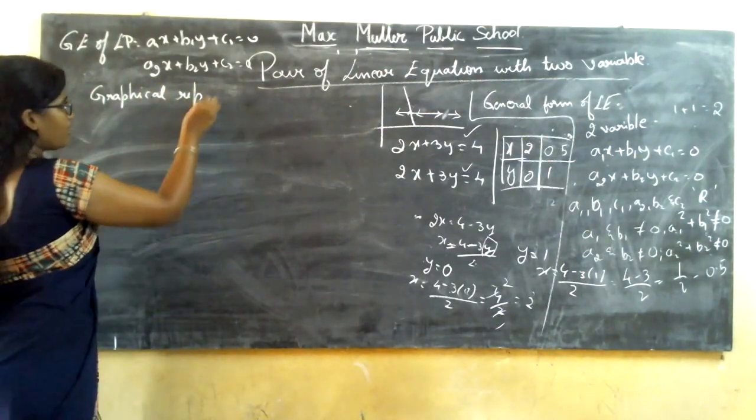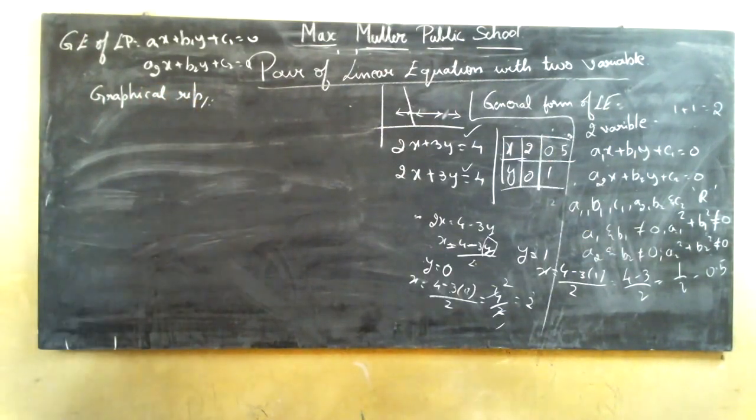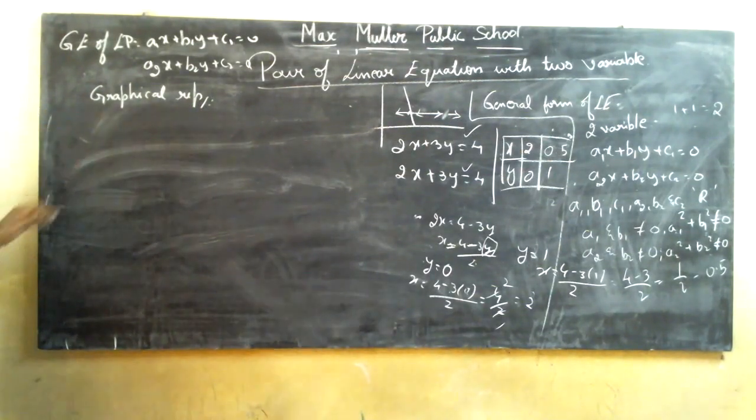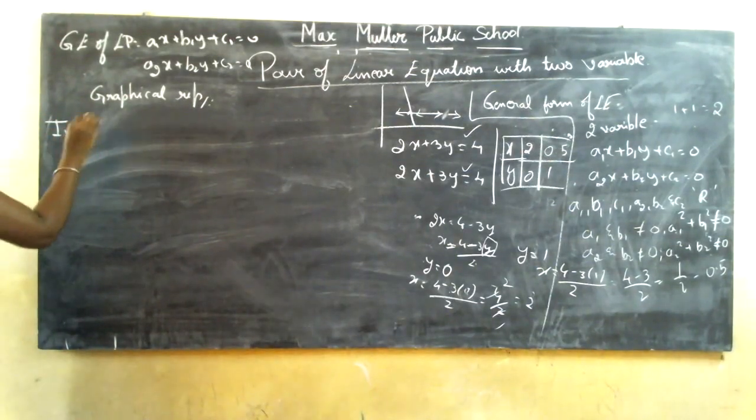If you get a crisscross line, then how are you going to say it is intersecting lines? Now let us see. What are the three different kinds of lines you have already used?